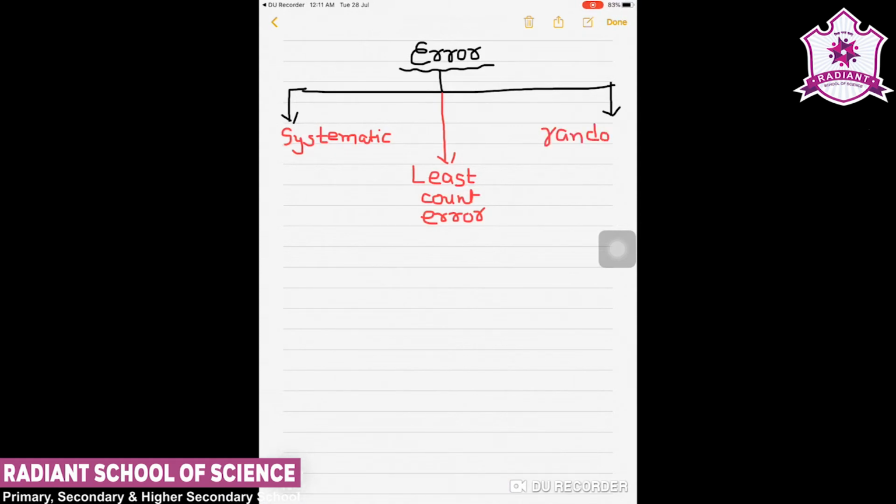Now we will understand how systematic error, random error and least count error can be calculated and when they occur. So first of all, for systematic error we can say that these types of errors are the errors that tend to be in one direction. That means it can be in one direction only.